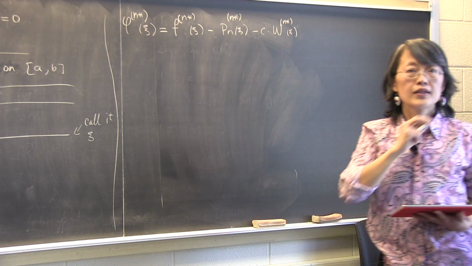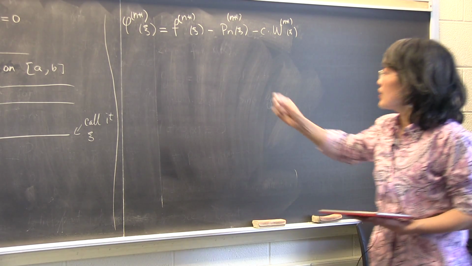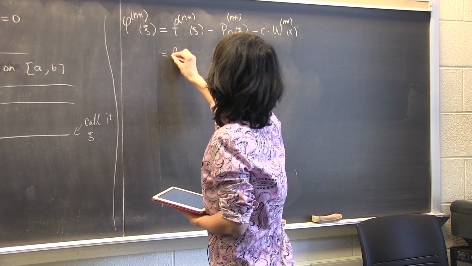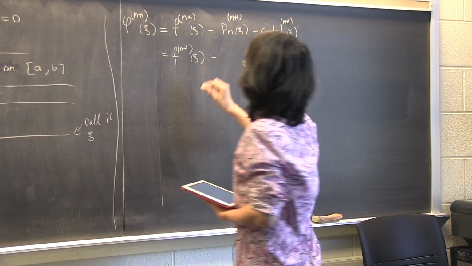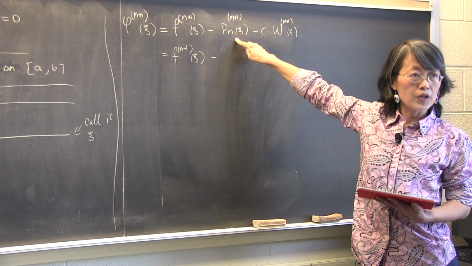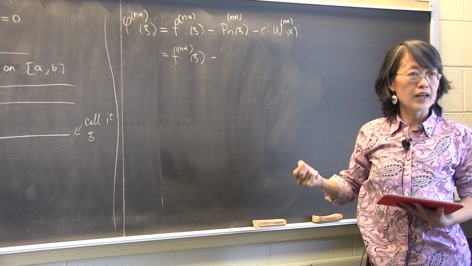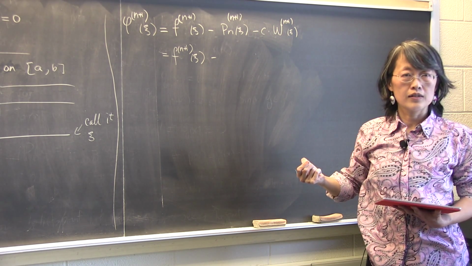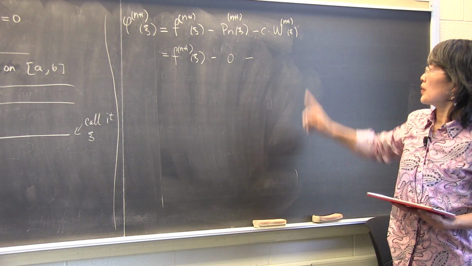Is that right? I'm just differentiating every term n plus 1 times. So the first one, nothing to do because I don't really know about this f. It's just a generic function. What about that one? That's a polynomial of degree n, and you differentiate n plus 1 times, what do you get? 0.